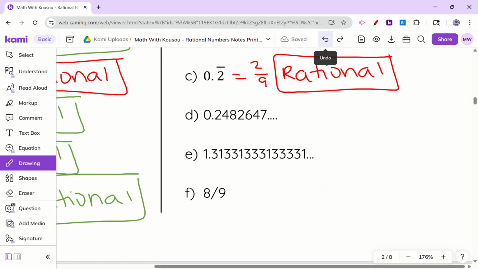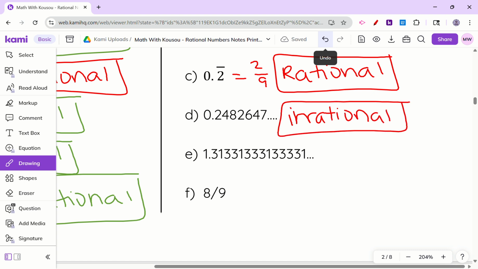All right, next we have 0.2482647... So there is no repeating bar over any of these digits, therefore this is irrational. We don't know what the rest of the digits are here, so we can't turn it into a fraction.